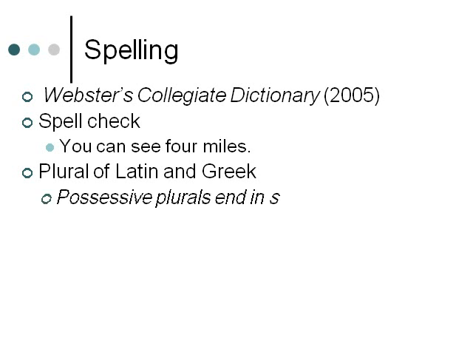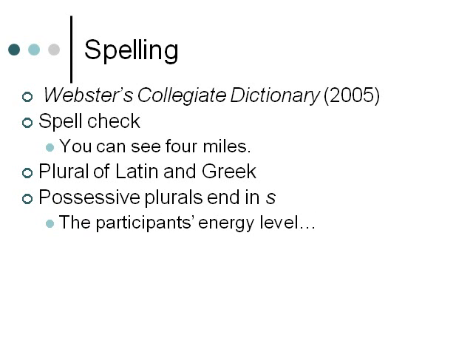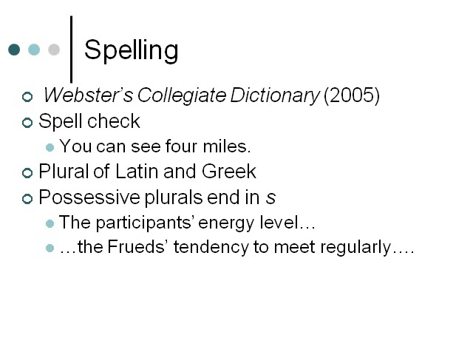And then a weird thing, possessive plurals ending in S. So things like talking about the energy level of more than one participant, the participants' energy level. Obviously participants is a plural word, so it has an apostrophe, not an apostrophe S. And most people have no problem with that. It's pretty straightforward.